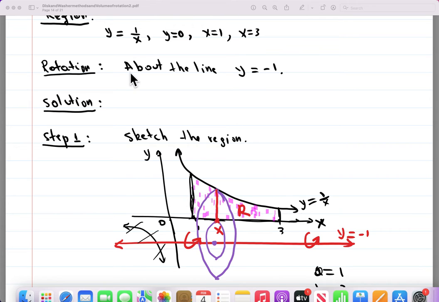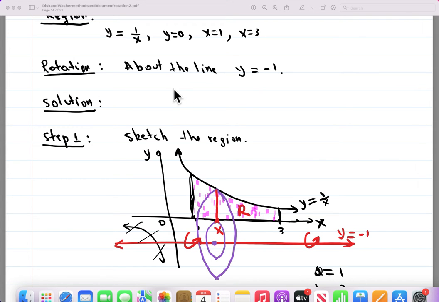So y equals 0, in this case, represents the x-axis, which is this, and x equals 1 is this vertical line at x equals 1, x equals 3 is this vertical line at x equals 3. So the data give us this region R. Okay, this region that you see here, shaded region.